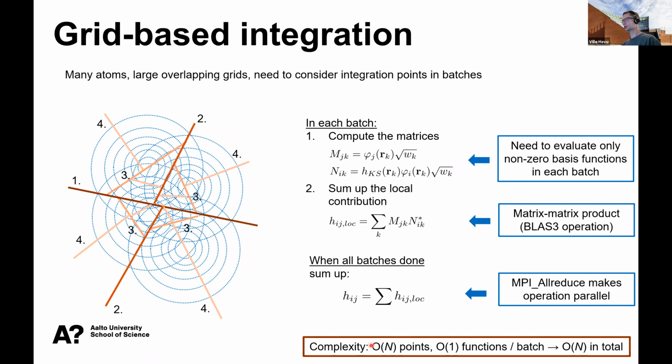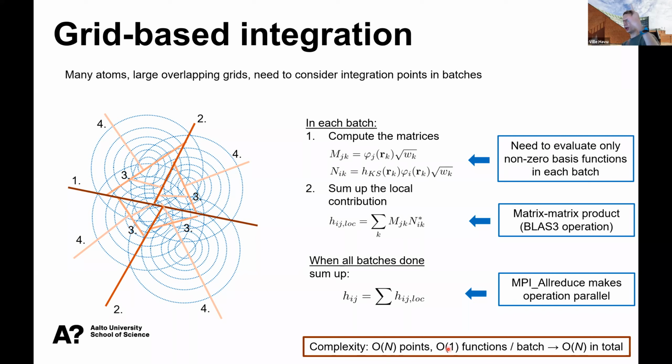The complexity. You have O(N) points, where N refers to any kind of system size, number of atoms, number of basis functions, or number of grid points, because all of them grow at roughly the same speed. If you add atoms, you get more basis functions and more grid points, and that's why we'll only use one scaling parameter N throughout the talk. And then since the batches are localized, you have only a constant number of functions per batch.